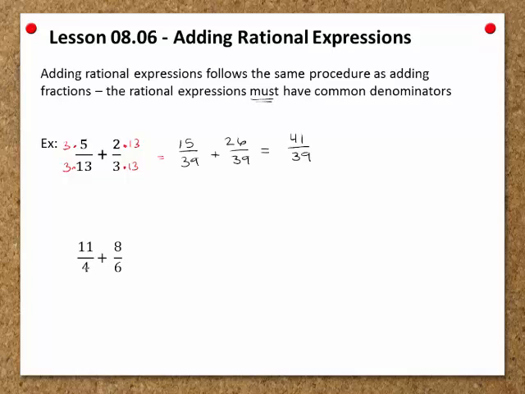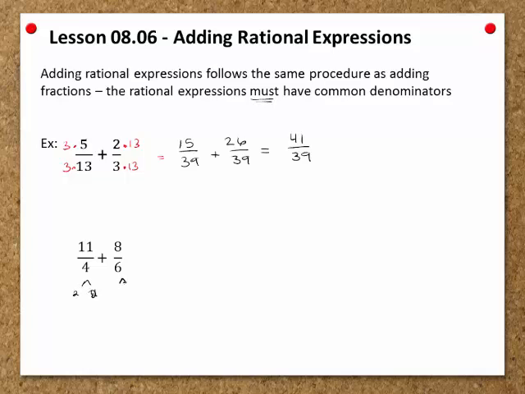Sometimes I have fractions that if I multiply the denominators by each other, I will get a common denominator, but I'll get a larger common denominator than I need. So what we do is we start looking for the smallest possible number.